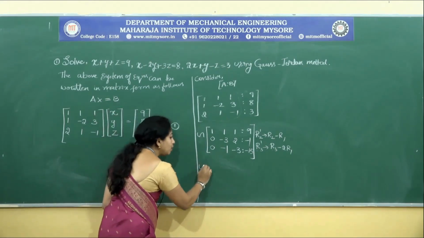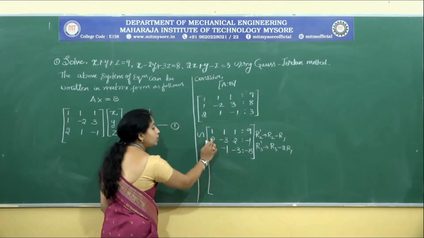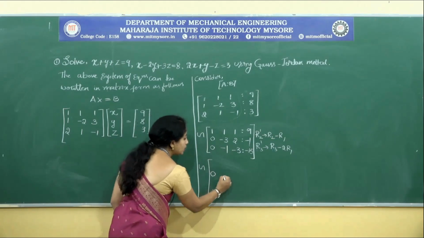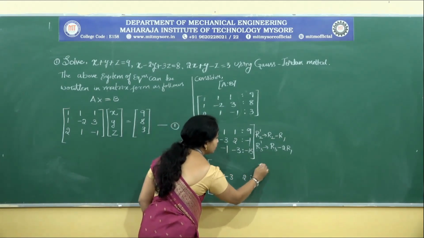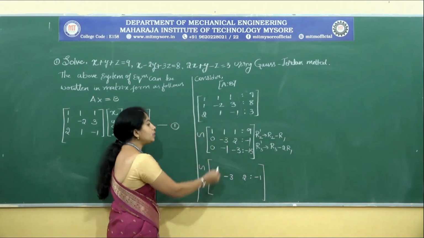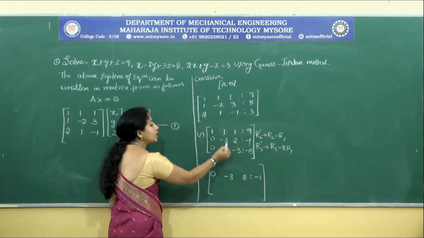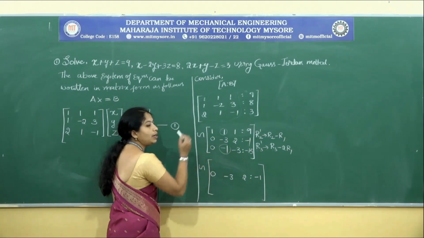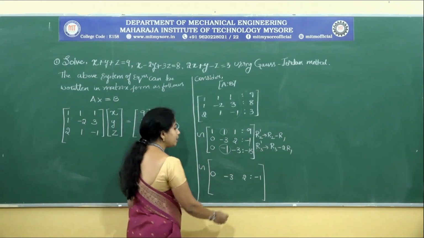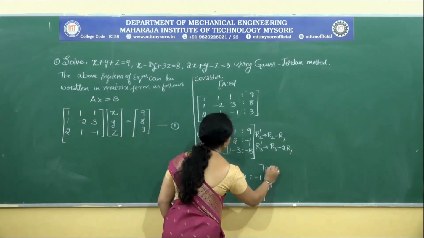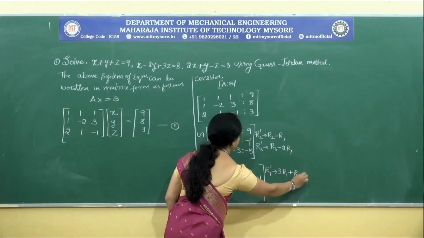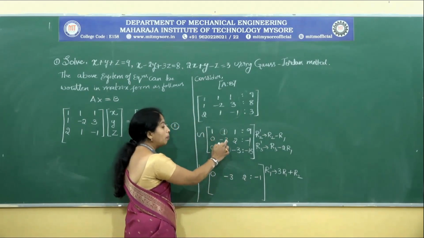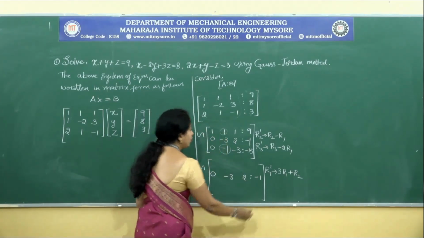Now this matrix is equivalent to, write the middle row as it is. The middle row is 0, minus 3, 2, minus 1. Now we are supposed to make these two elements 0 by using this element. The row operations will be R1 dash equals 3 times R1 plus R2, that is 3 times 1 minus 3 will be 0.